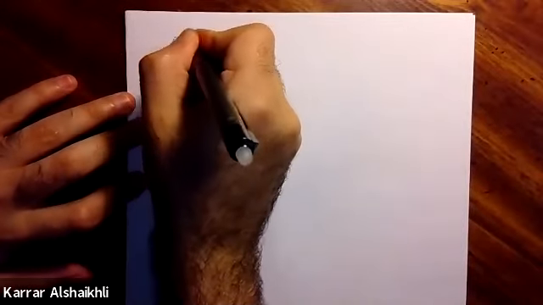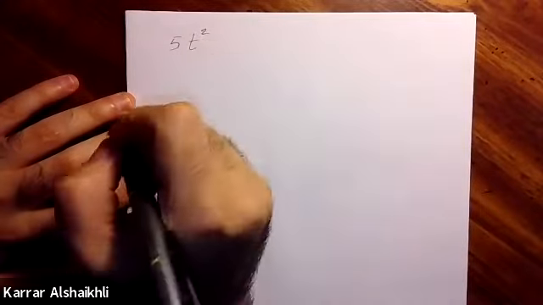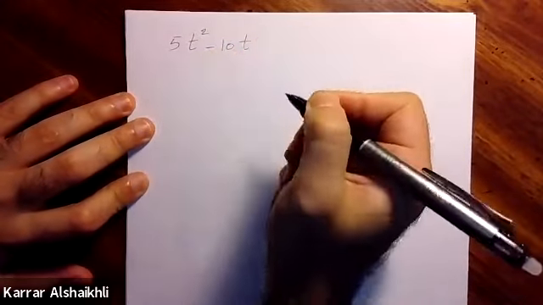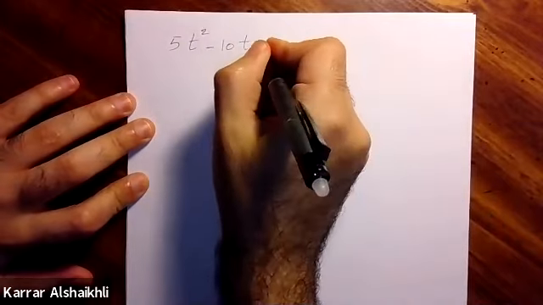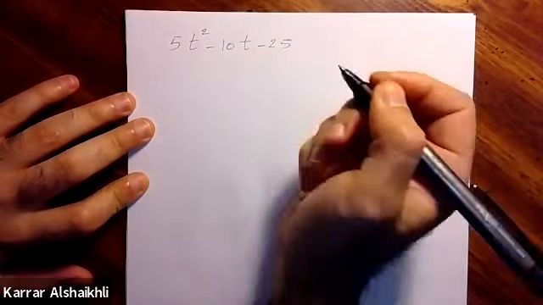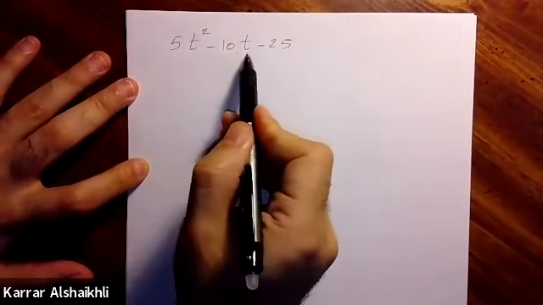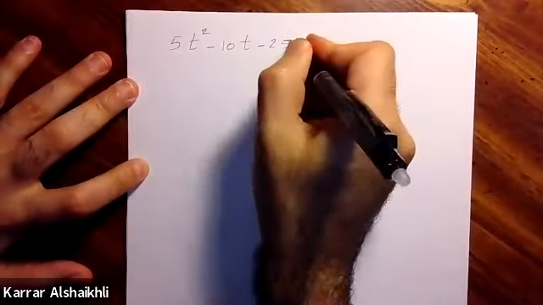Here's an example. If we have 5t squared minus 10t minus 25. So now we have 3 terms. This is 1, this is 2, and this is the 3.